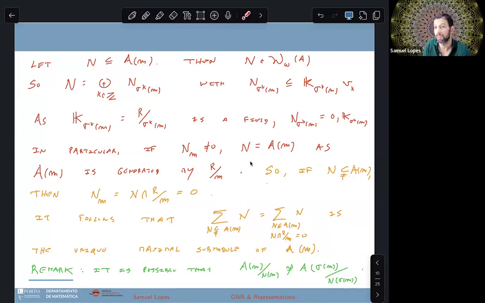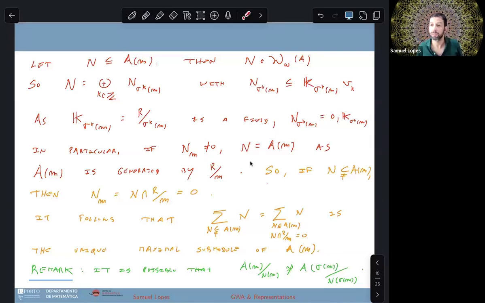I gave you the argument: it is a proper submodule by the above. And so it has to be the unique maximal proper submodule by this very definition, because it contains, by definition, any proper submodule. So this is the proof that this universal module A of M contains a unique maximal proper submodule.